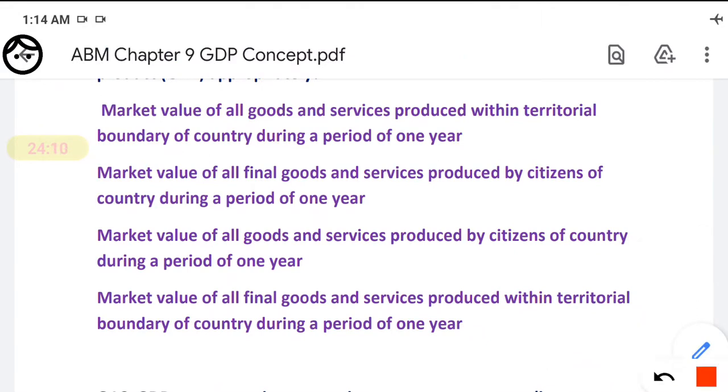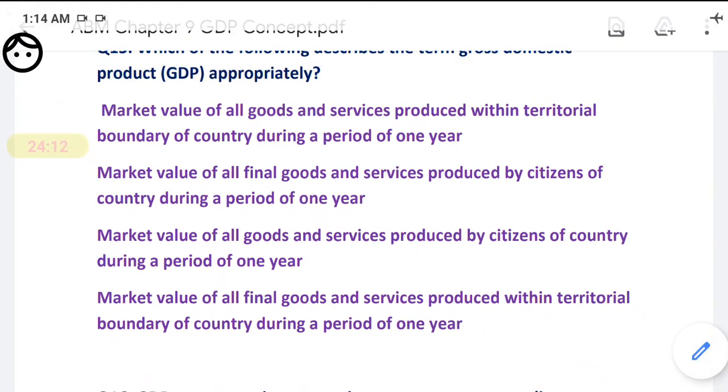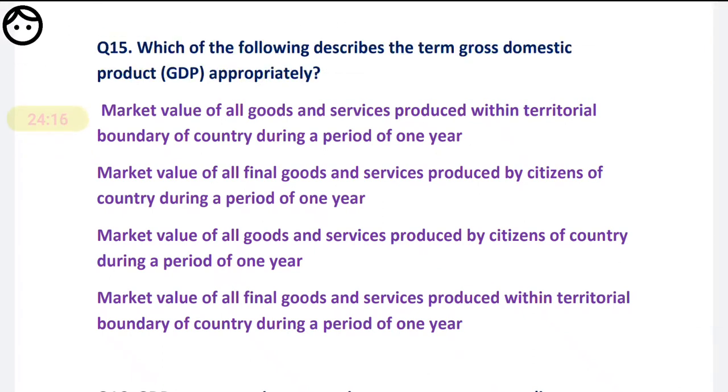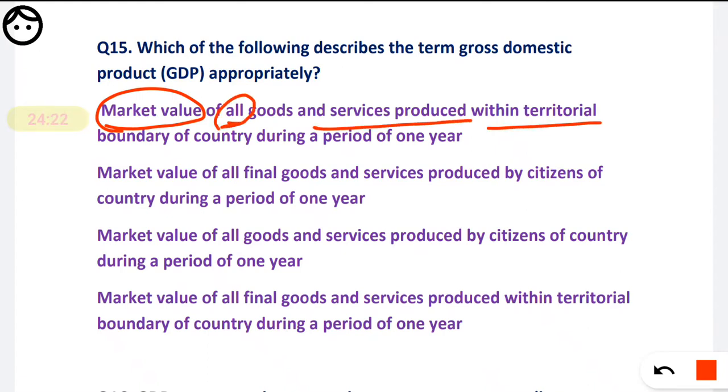Now see, first they are saying the market value of all goods and services produced within a territorial boundary of a country during a period of 1 year. That is the first option.